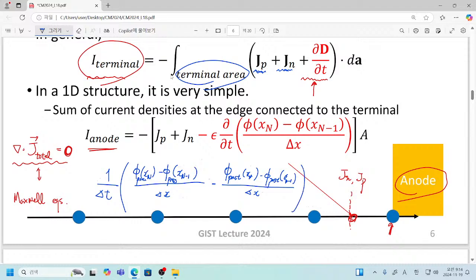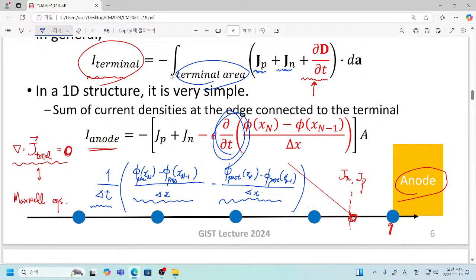So the first term corresponds to the displacement right now, and this term is the displacement evaluated at a time instance delta t past. Taking the difference and dividing by delta t, you can estimate this time derivative operation. Okay, so by including this term, now you can calculate the full contribution to your terminal current.